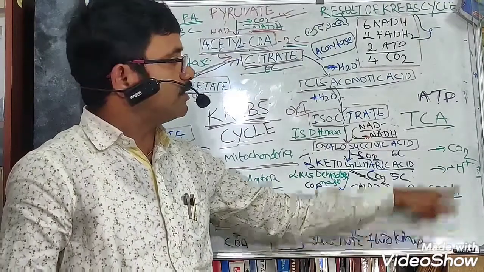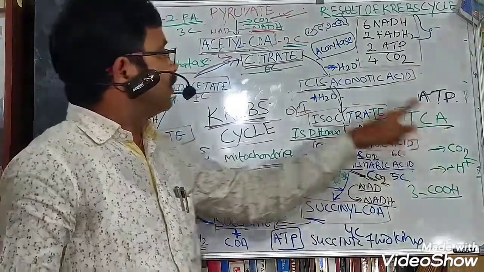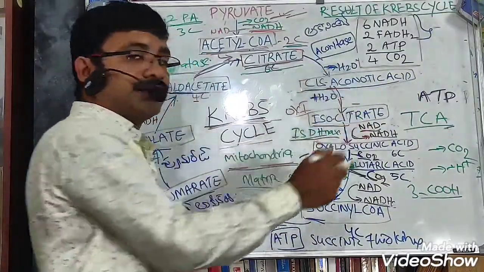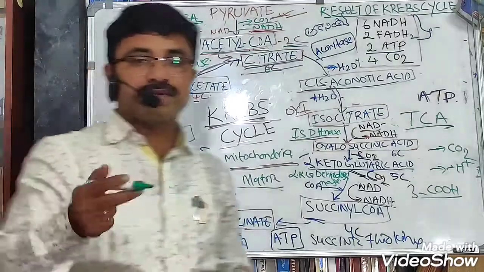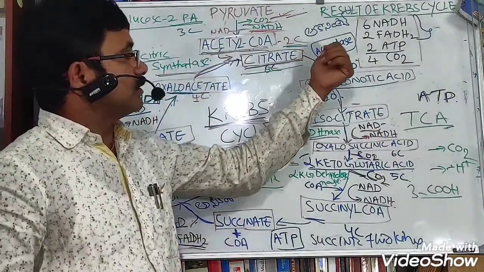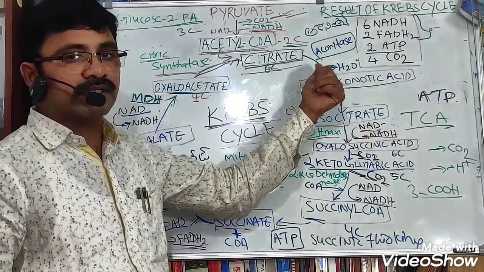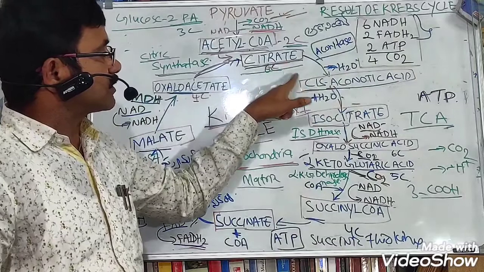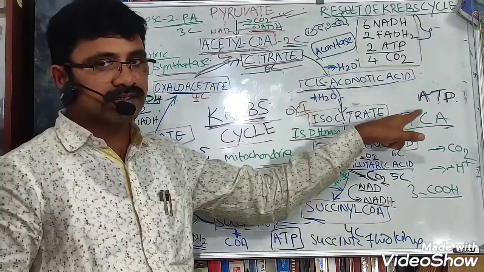That's why it is called the tricarboxylic acid cycle. Next, the citric acid undergoes a dehydration reaction. Dehydration means removal of a water molecule. This reaction is catalyzed by aconitase. As a result, citric acid converts into cis-aconitic acid.